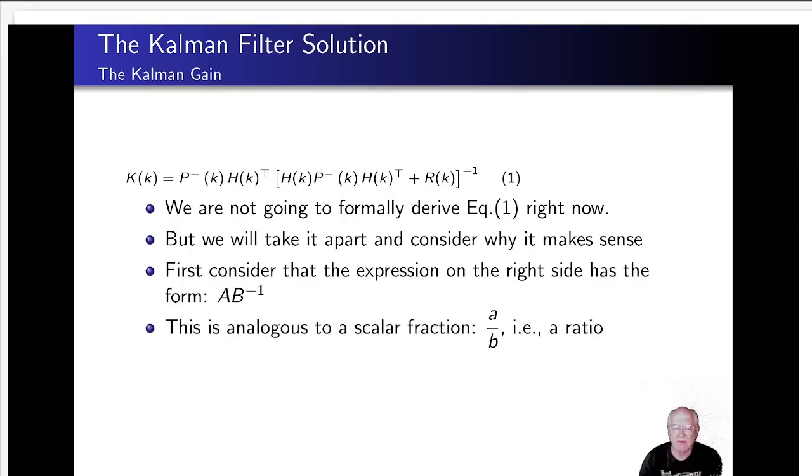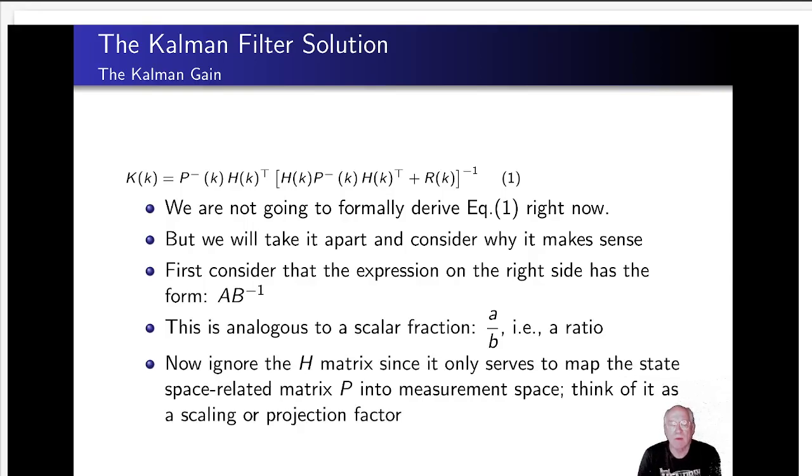This is analogous to a scalar fraction A over B, i.e. a ratio. Okay, so if we now ignore the H matrix, pretend it's just the identity matrix for now, since it really only maps the state space related matrix P into the measurement space and doesn't really contribute anything statistically.